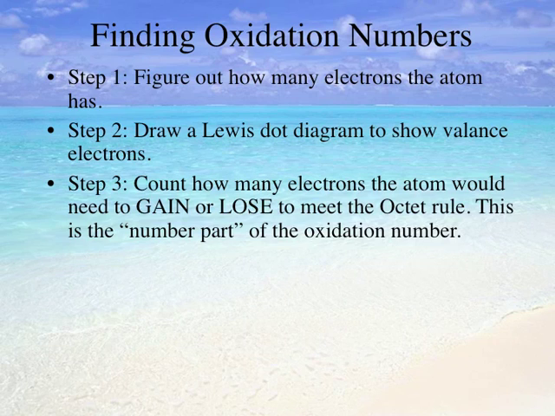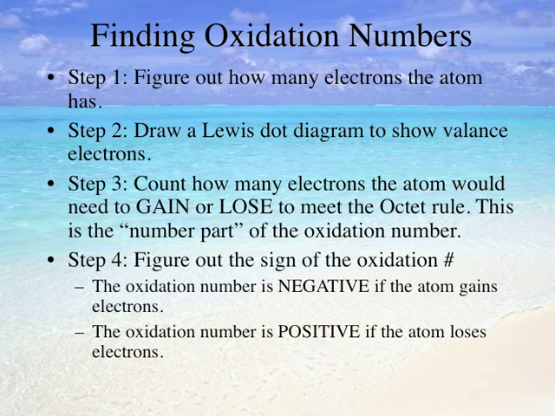That's going to give us the number part of the oxidation number. And then we need to figure out the sign, positive or negative, of the oxidation number. The oxidation number will be negative if the atom gains negatively charged electrons. The oxidation number will be positive if the atom loses those negatively charged electrons. Because remember, taking away a negative charge will result in something that is more positive.